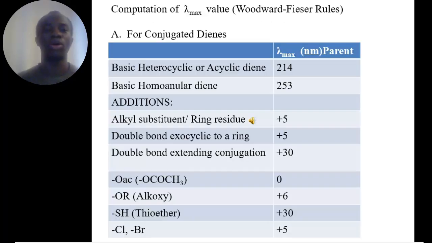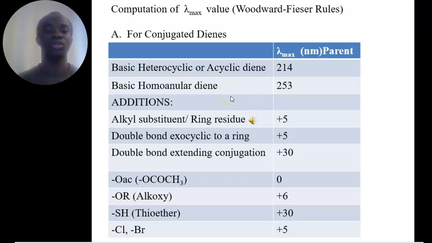Now to compute lambda max, the maximum absorption wavelength value, you need to understand some of these basic lambda values for different components of any structure given to you. When you are given any structure, the first thing to look for is what kind of diene do I have.